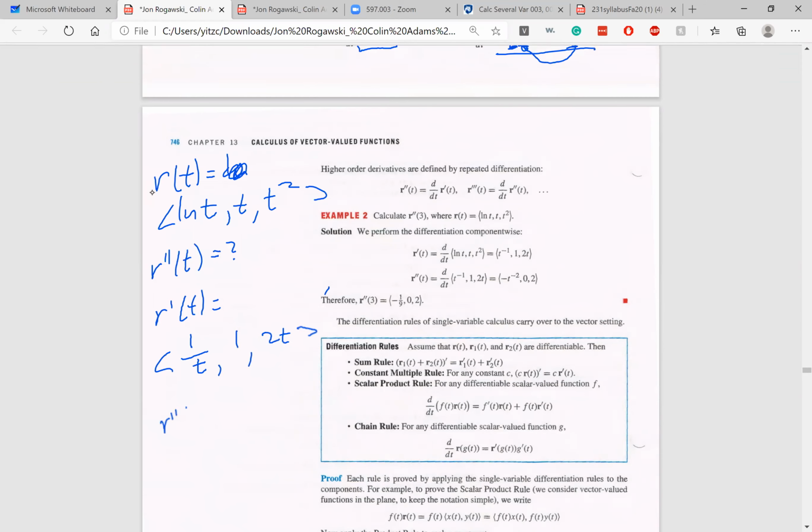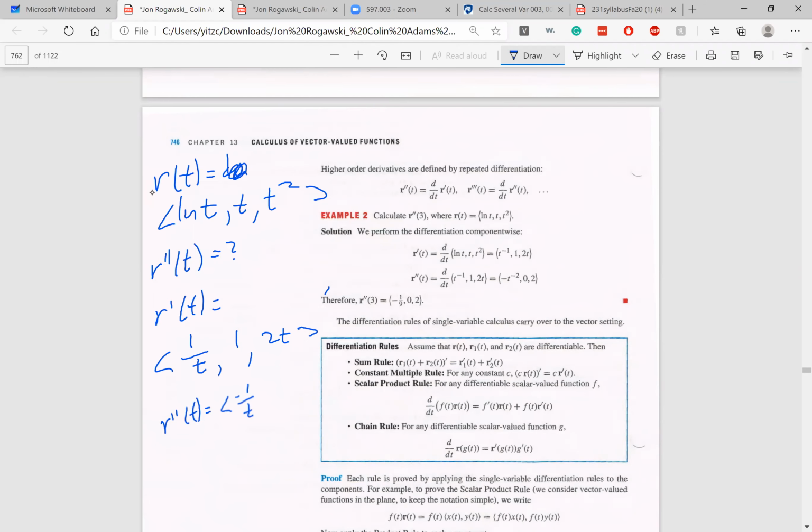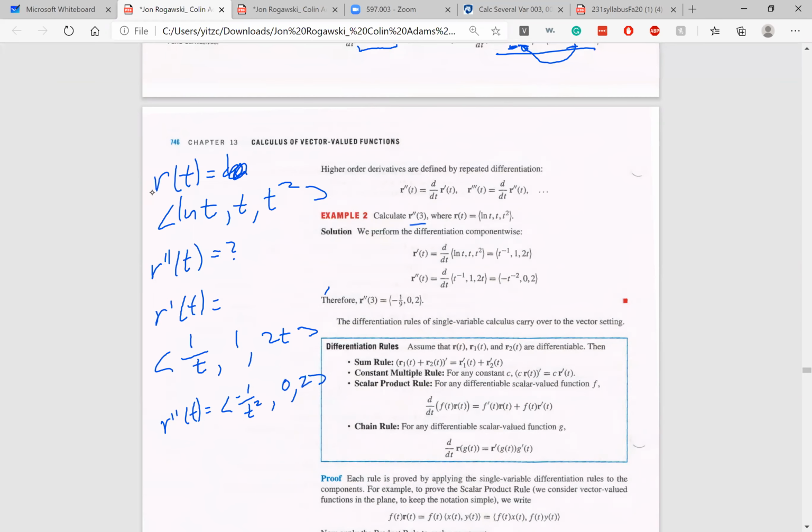And so r double prime of t is going to be negative 1 over t squared, 0, and 2. Now, they're asking also for r double prime of 3. So that's going to be negative 1 over 9, 0, and 2.